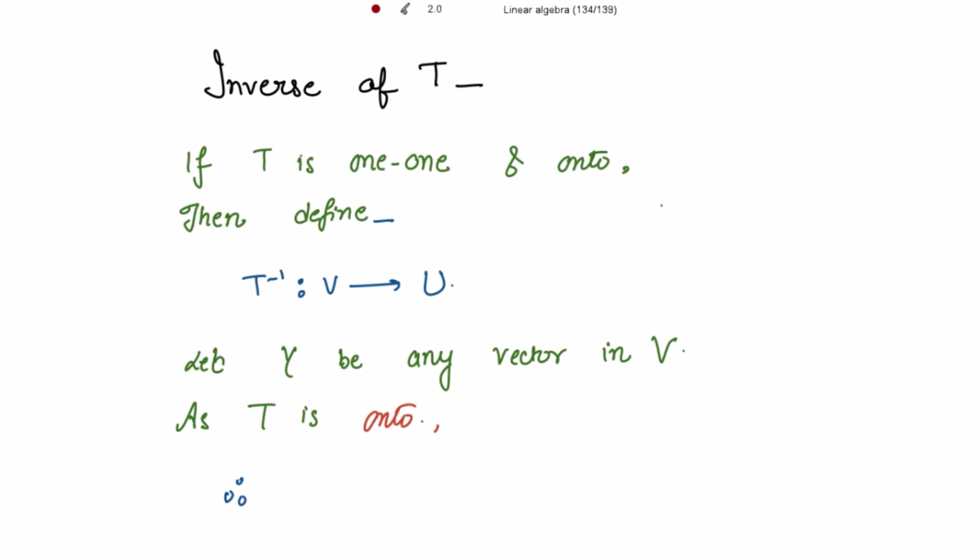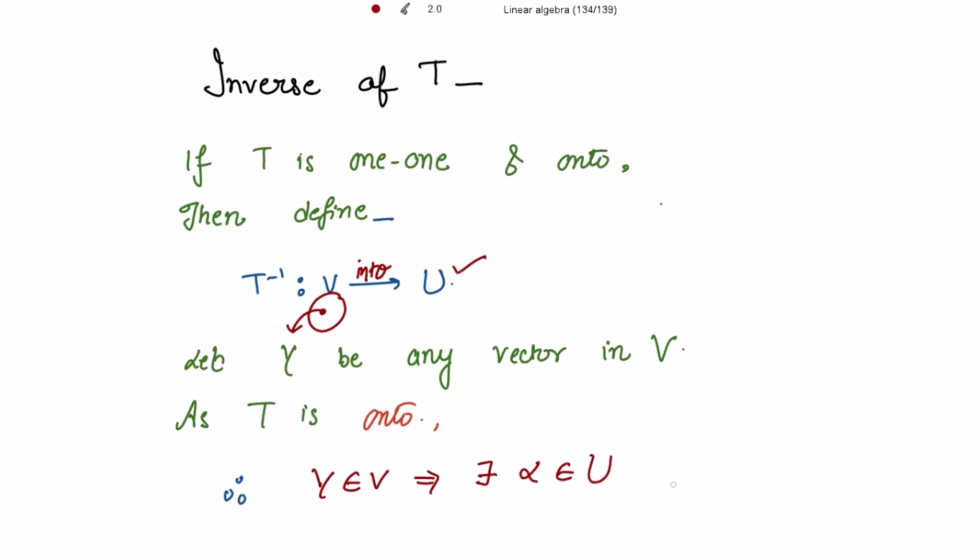Next is the inverse of T. If T is one-one and onto, then we define T inverse from V into U. Let gamma be any vector in V. As T is onto, gamma belongs to V implies there exists alpha belonging to U such that T alpha is equal to gamma.